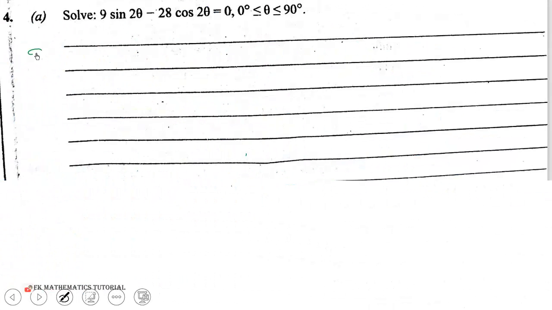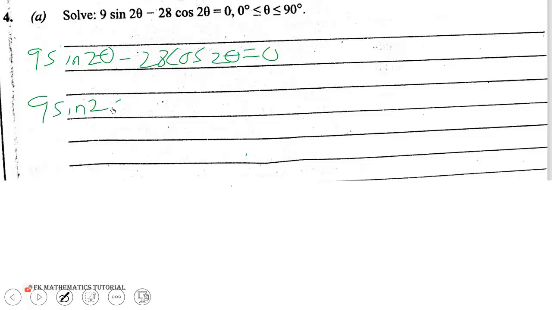So we have 9 sine 2 theta minus 28 cos 2 theta equals 0. I'm going to equate 9 sine 2 theta to 28 cos 2 theta, sending this one to the right hand side, making it positive.